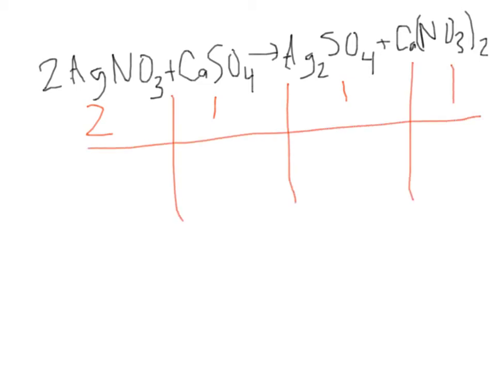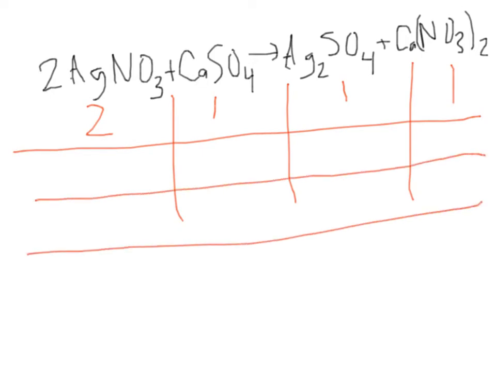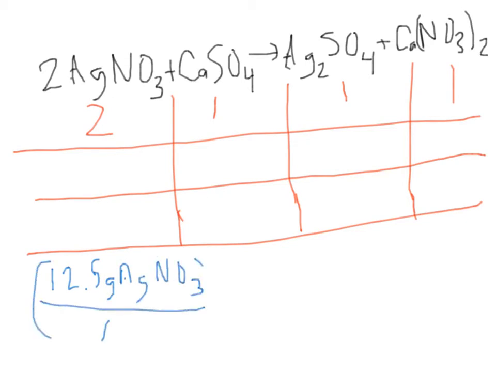The first thing says, what if you start with 10 grams of silver nitrate? The problem asks us to find the limiting reactant. So we start with 12.5 grams of AgNO3, and in order to use this table I need to first convert that to moles.